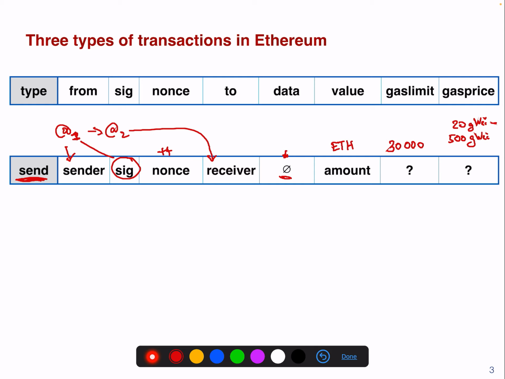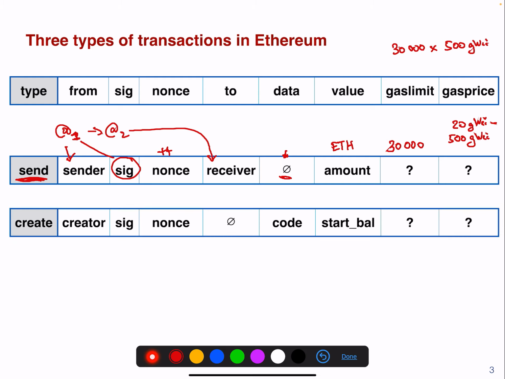And if you want to compute what the transaction costs here, then, for example, you can say my maximum transaction cost will be 30,000 gas times 5 gigawei, and then you can compute how much this would cost in ether, and then resolve this as well in terms of US dollar.